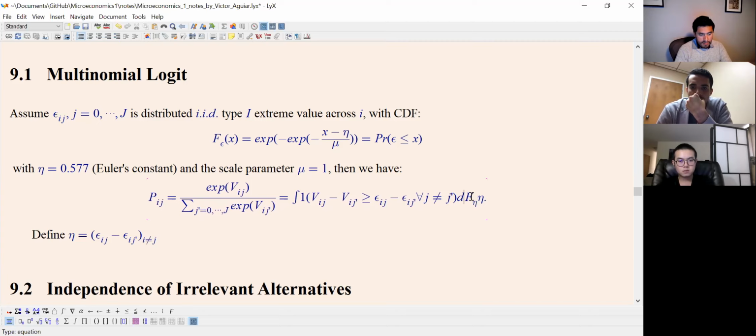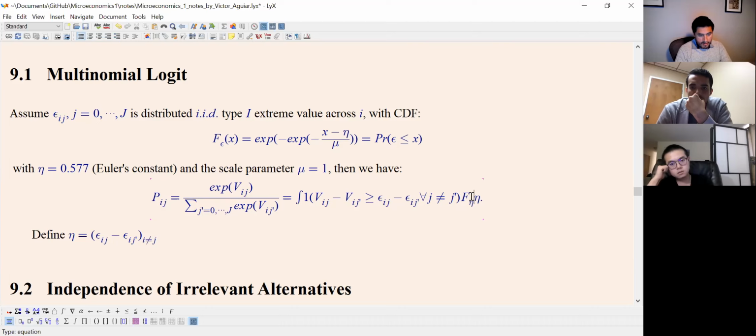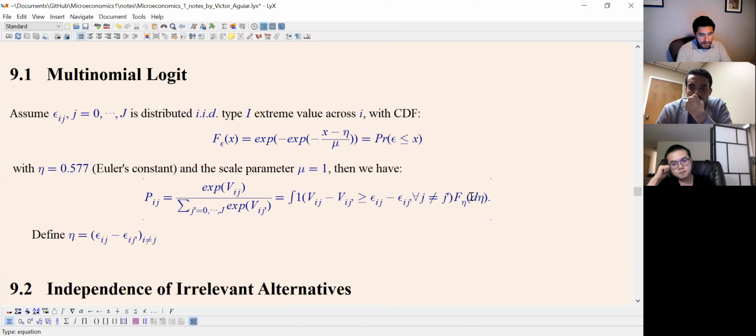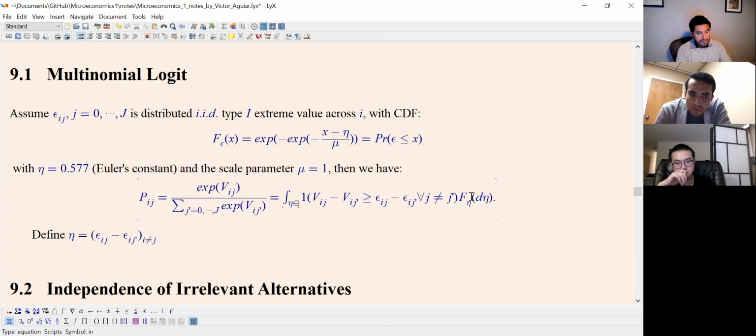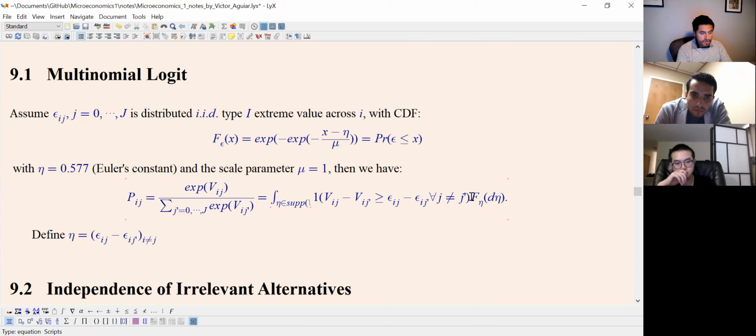And then basically you can have this object here, and you write it like this. And here basically you have the eta in its domain, right? So this is going to be integrated in the domain of eta, in the support of this random variable eta.